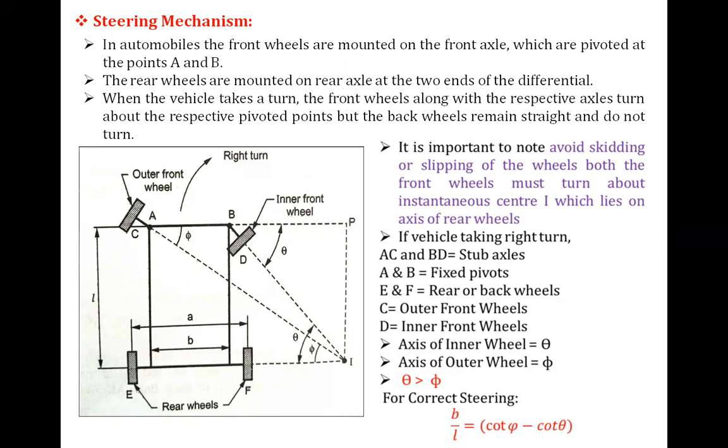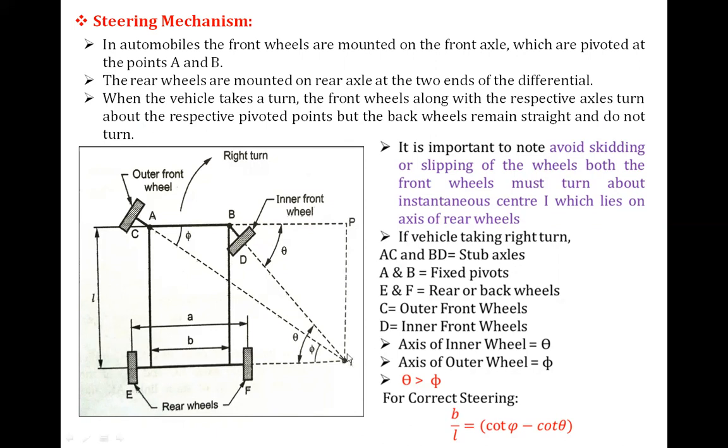When the vehicle takes a turn, the front wheels along with the respective axles turn about the respective pivoted points, but the back wheels remain straight and do not turn. It is important to note that, to avoid skidding or slipping of the wheels, both the front wheels must turn about the instantaneous center.